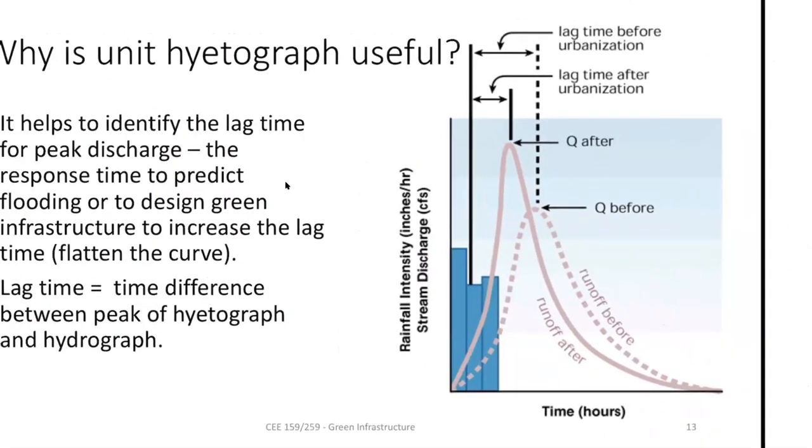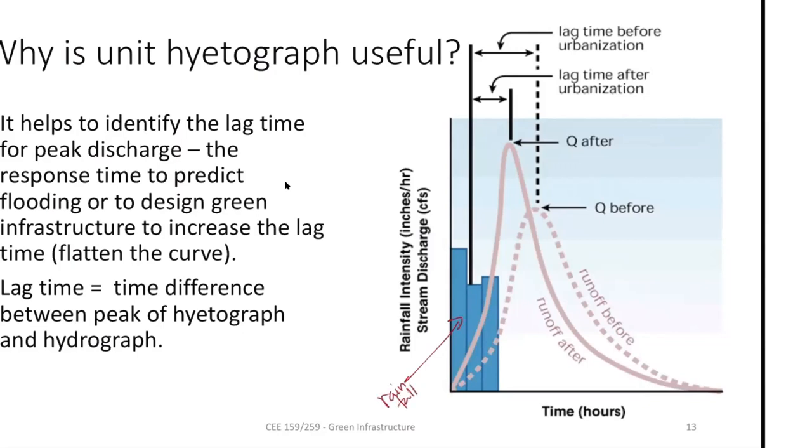In this graph, you have time on the x-axis, and on the y-axis you have two things, either rainfall intensity or the stream discharge rate, or the runoff. So either rainfall or runoff. The blue bar you see over here is the rainfall.